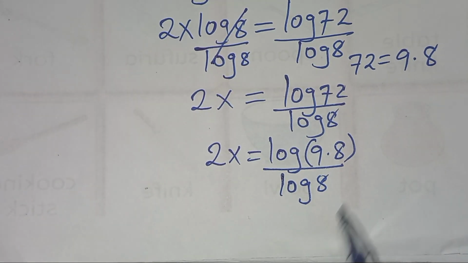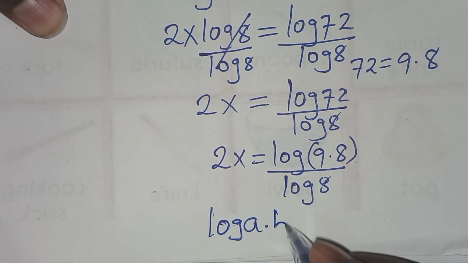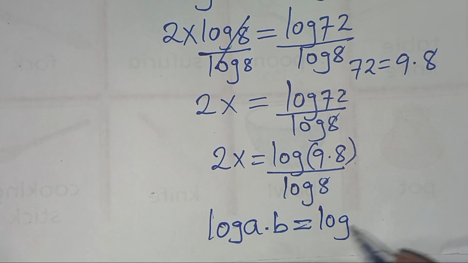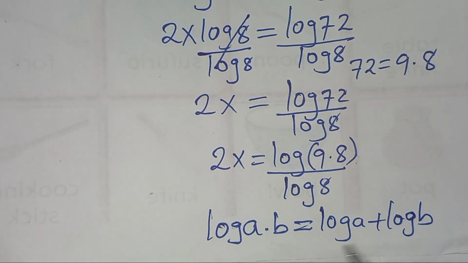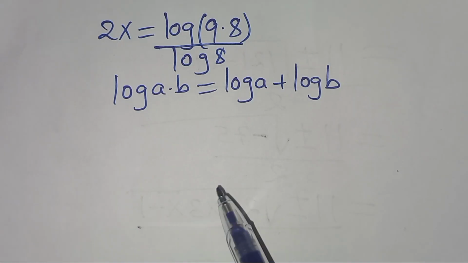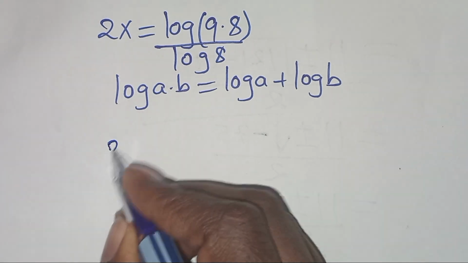The next step from here, log 9 times 8 is in the form of log a times b, and this is equal to log a plus log b. So applying this logarithm property, here we'll have 2x.